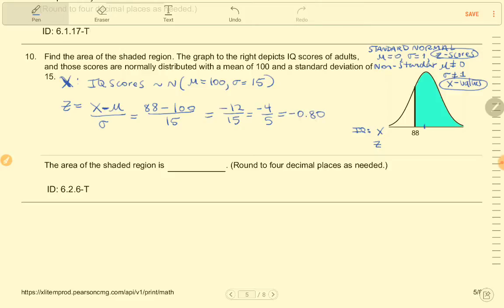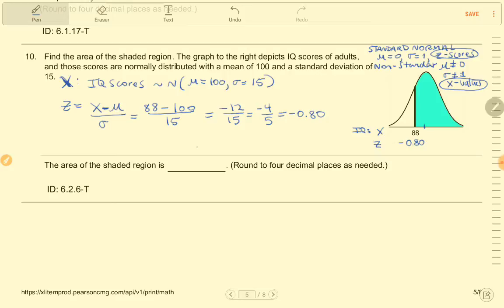So that's a z-score. Now notice that it's negative, and notice that it's just not quite 1 standard deviation down. So that seems reasonable. Just looking at the location of my IQ score, it does look like it could have a z-score of negative 0.8, just less than an entire standard deviation down.